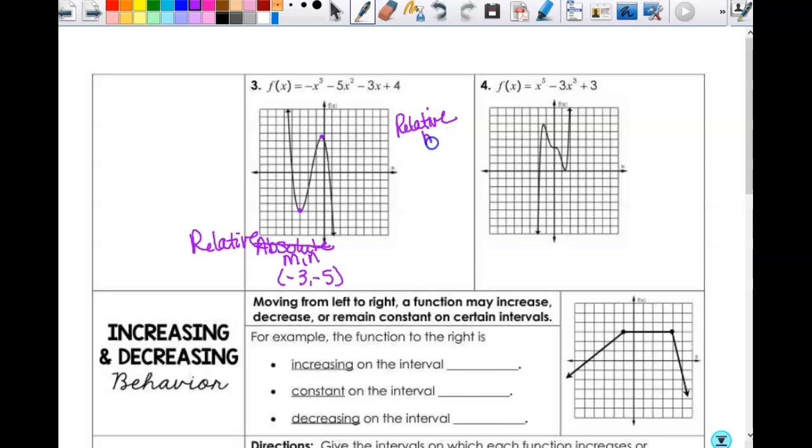Okay, good. And that point would be at like -0.5, 4.5? Yeah, I know the grids are really super small.